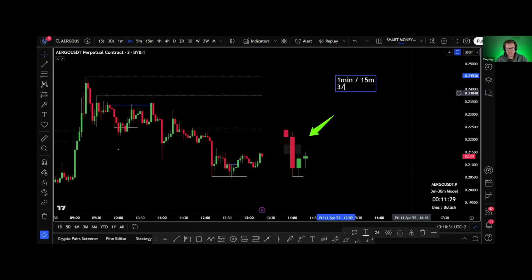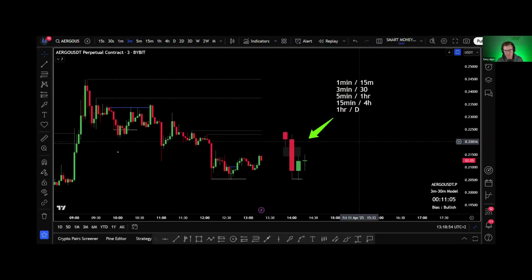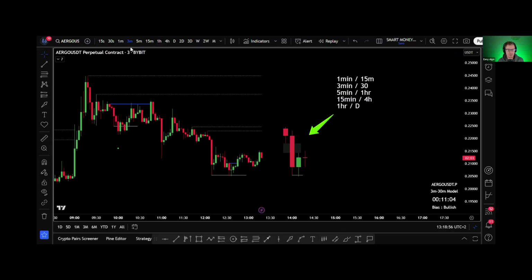If you're on the 3 minute time frame, it's going to be using the higher time frame of 30 minutes. If you're on the 5 minute lower time frame, it's going to be using the 1 hour higher time frame preset. If you are on the 15 minute lower time frame, it's going to be using the 4 hour. And if you're on the hourly time frame, it's going to be using the daily. So these are the current presets. Right now I'm on the 3 minute chart.